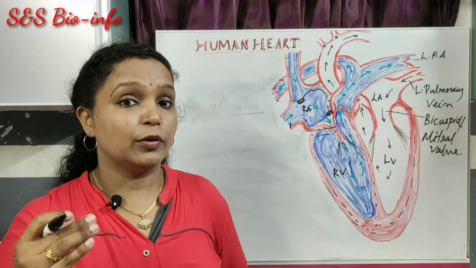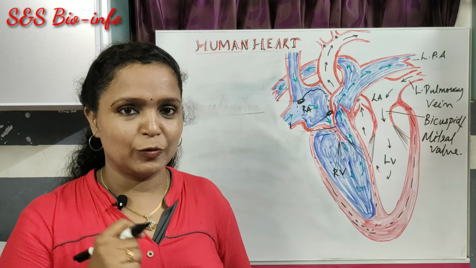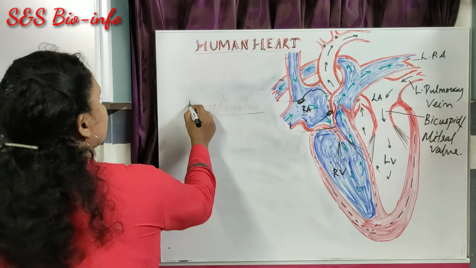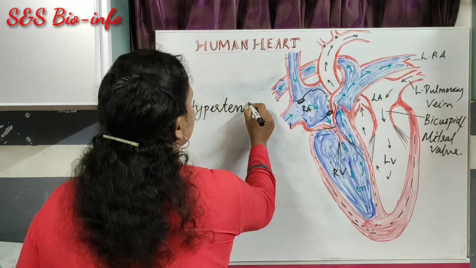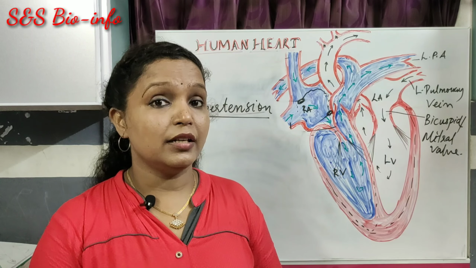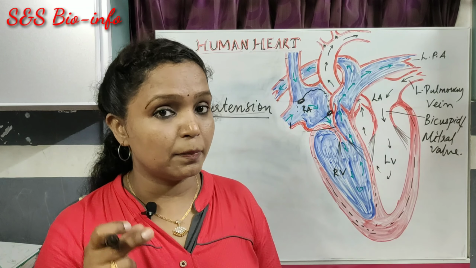Next, let's understand the abnormal conditions of blood pressure. You might have heard about hypertension or high BP and hypotension, the low BP. First of all, let's think about hypertension or high BP. It is an abnormal condition characterized by persistent high blood pressure in a person.